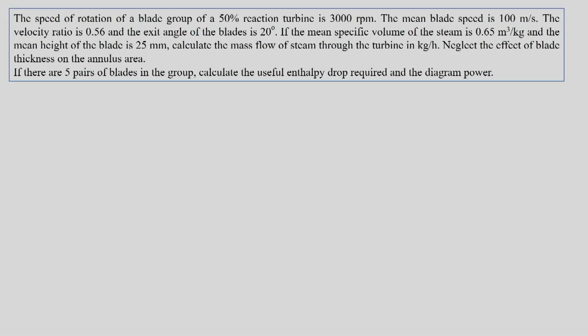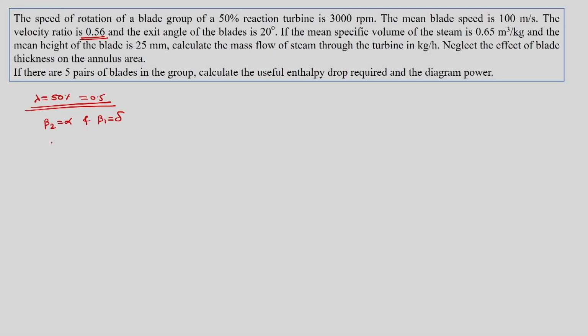In this example again, lambda is equal to 50% or 0.5 degree of reaction. So we have beta 2 is equal to alpha and beta 1 is equal to delta or alpha 2 as per the sign convention. And we are also given the fact that the velocity ratio is 0.56.